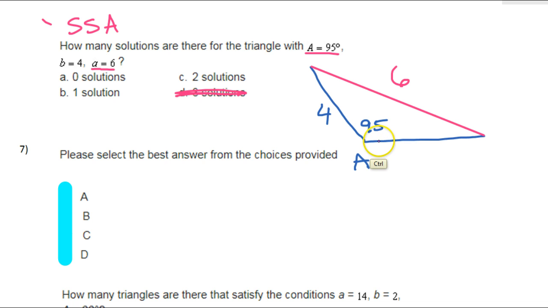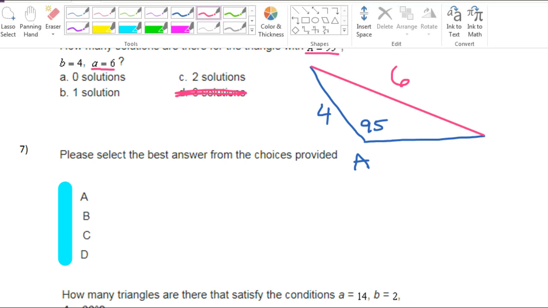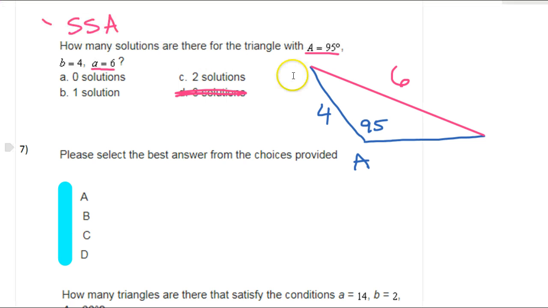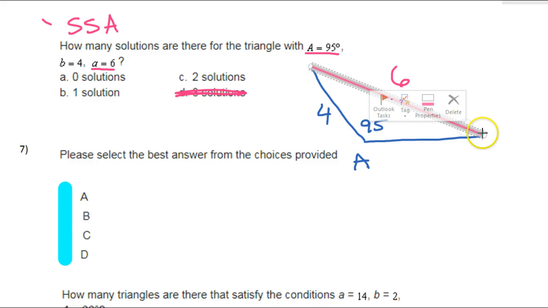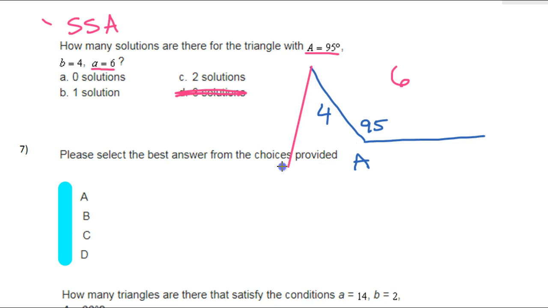So at a glance, I know that there will not be 2 solutions, because the way you get 2 solutions is by being able to move this side and put it in 2 positions, outside and then another triangle inside somewhere. But when you have an obtuse angle, there is nowhere else you can swing this. There's no inside to swing this to.